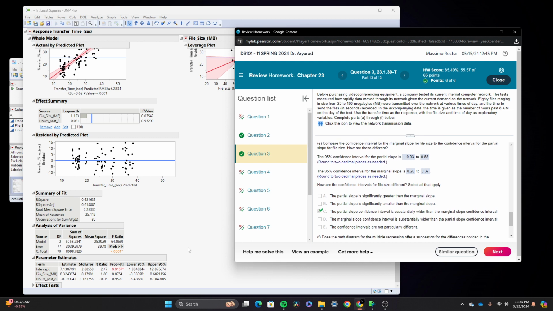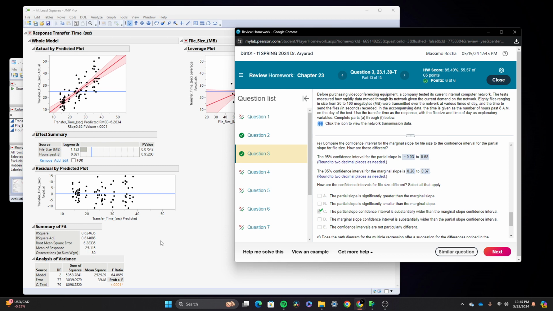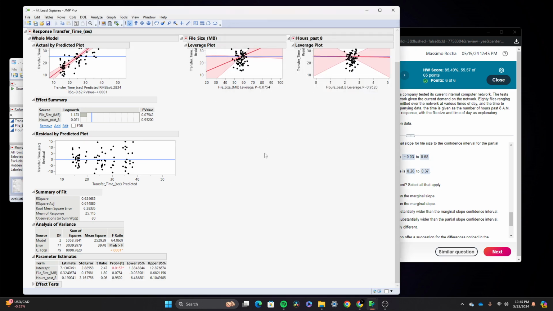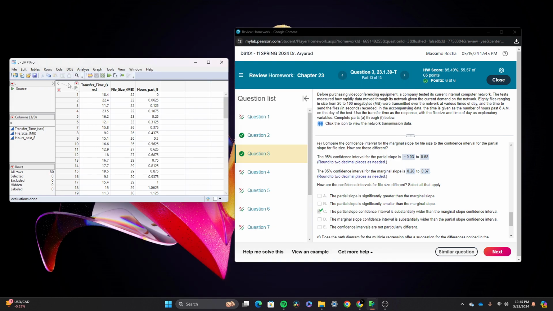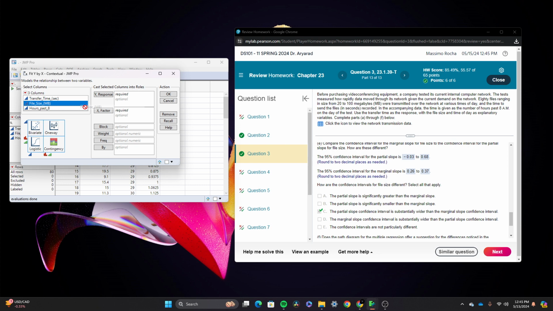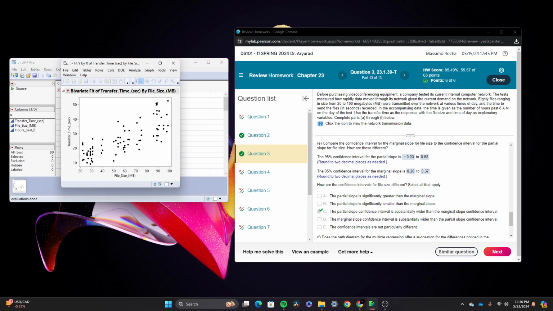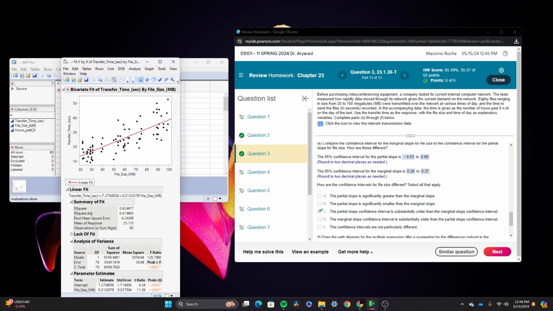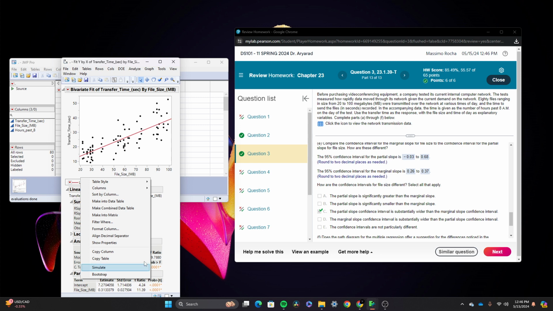And marginal slope, I'm going to get out of this one. Fit y by x. Okay. Fit line. You can do the same thing over here.